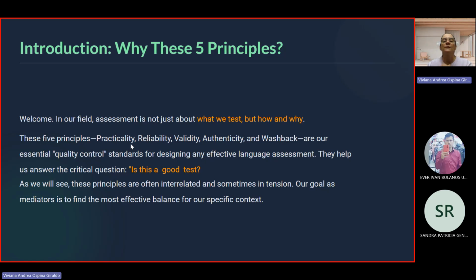So we need to keep it practical, thinking about how reliable and valid it is for my students, and try to work with authenticity. I know that authenticity is a little bit harder to evaluate because we need rubrics, but rubrics will definitely save us when we need to work on assessment.